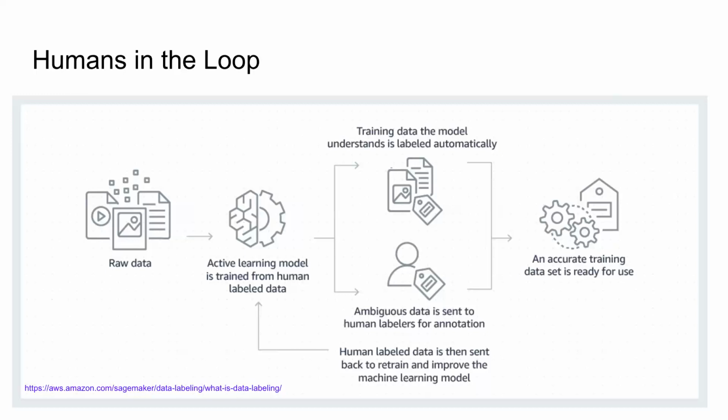So in a nutshell, human in the loop machine learning relies on human feedback to improve the quality of the data used to train machine learning models. And so as you can see in this diagram, if let's say there was an unambiguous data set sent to a human labeler for annotation, that human annotator can then go in and fix a few things.